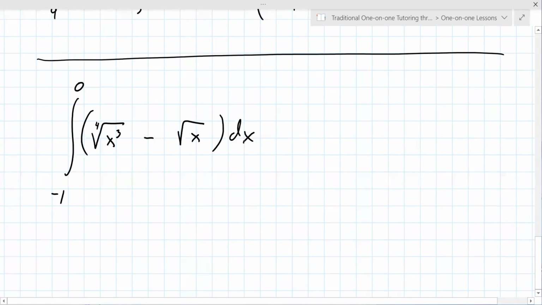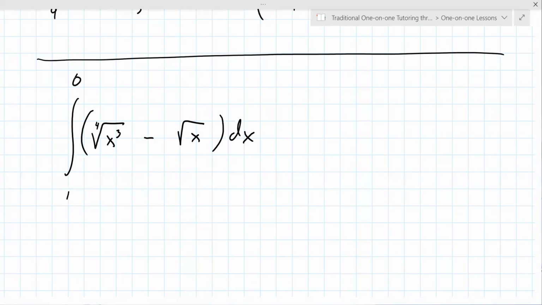You have to be able to change these to exponents and use the power rule. Actually, these limits are okay. I meant to flip these. So let me do it the other way, from 0 to -1. Nope, that won't work. Sorry, I'm being silly here. Let's do 1 to 0. That'll work just fine.